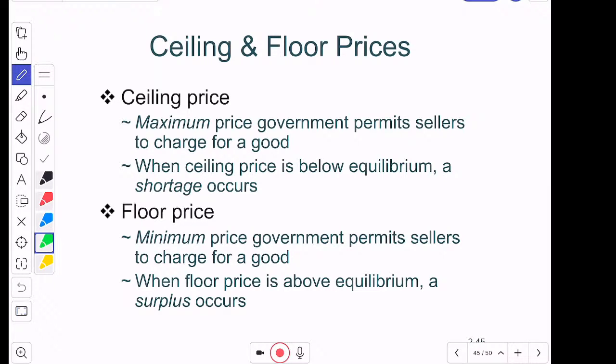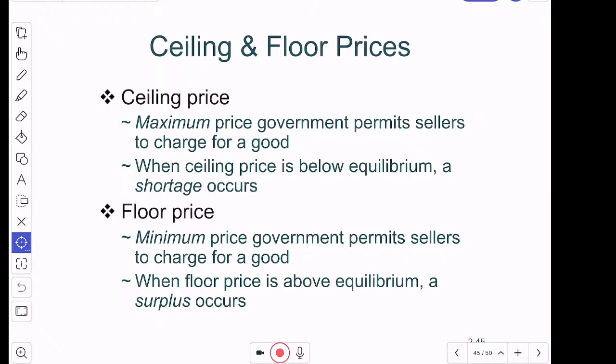Sometimes market equilibrium is prevented, and that's by government intervention, where a ceiling price is imposed to permit sellers to charge a particular price for a good.